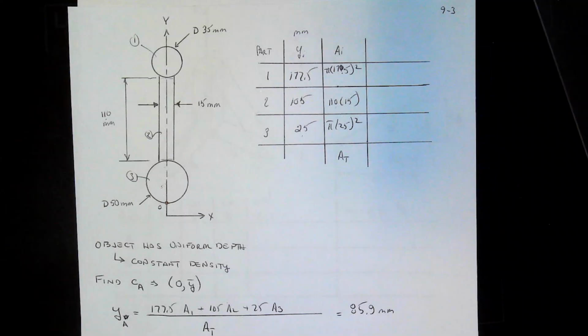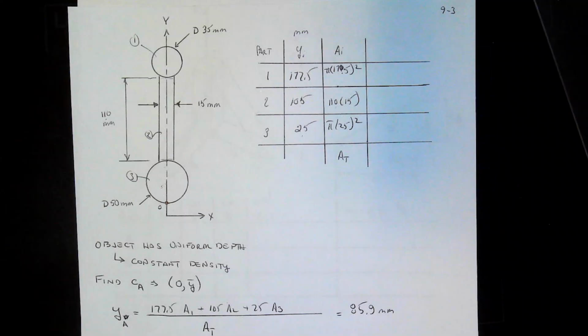So we have 50 and 110 is 160, plus 17 and a half, says this is at 177.5 millimeters. This piece is 50. Half of 110 is 55. That leaves us at 105. Part 3, if this is 0 and that's 50 in diameter, 25.